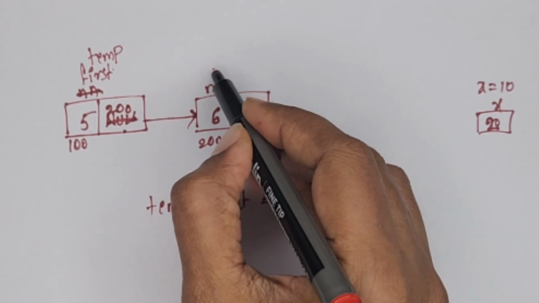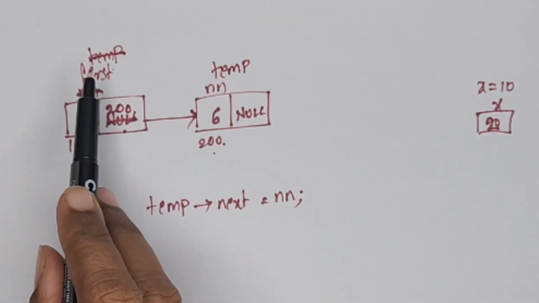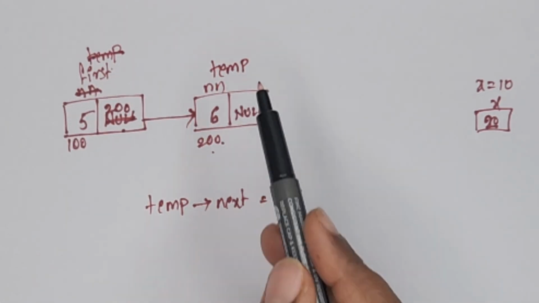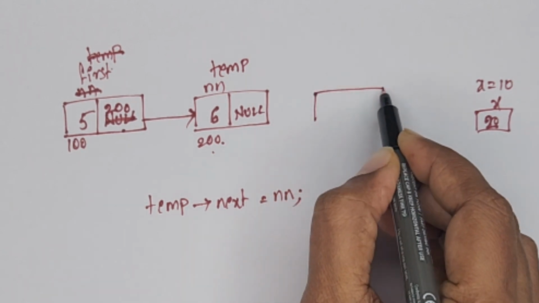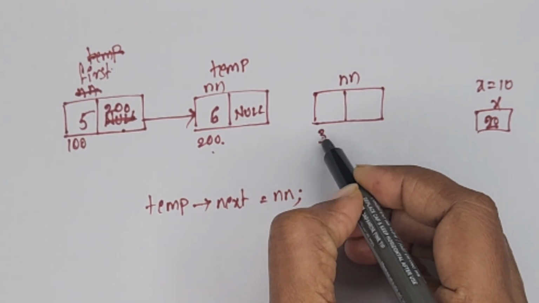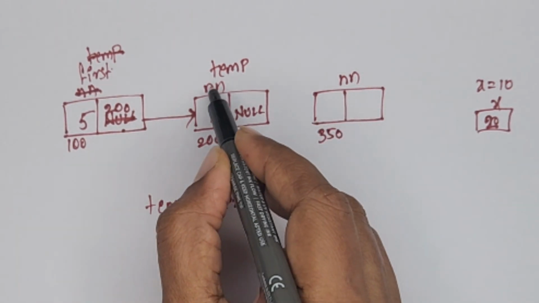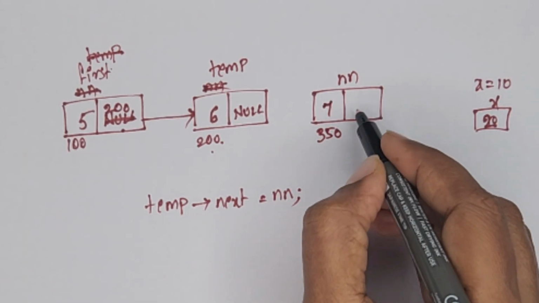Now, new node is assigned to temp. Now, this is only the first node. This is new node and temp node. So if you want to create another node, create one new node. Now, new node is 350, not 200. Read one number, assign to new node of roll number.